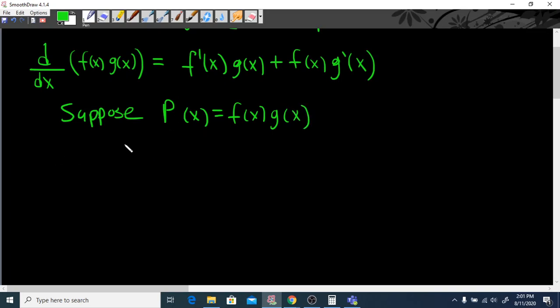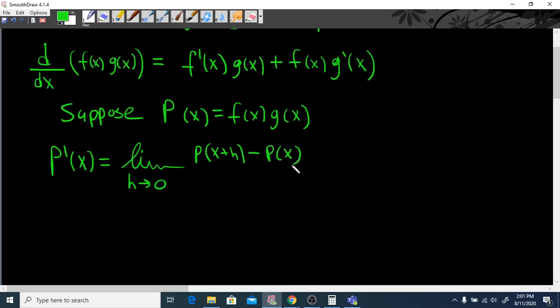Okay, so if this is the case, then the derivative of p is the limit as h approaches 0 of the following: p at x plus h minus p at x over h. Okay?